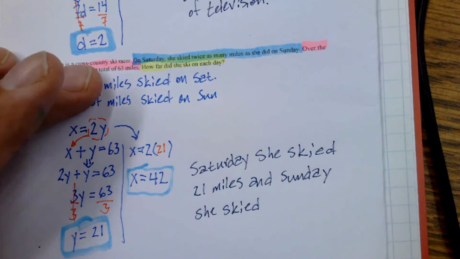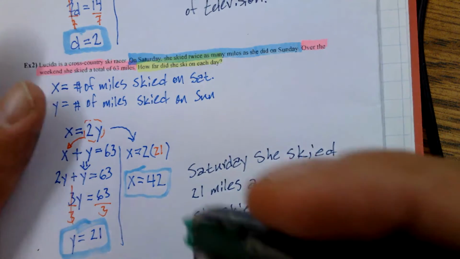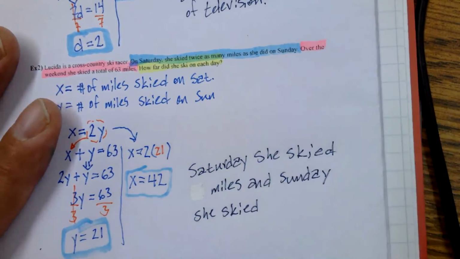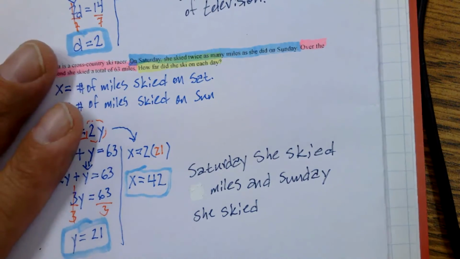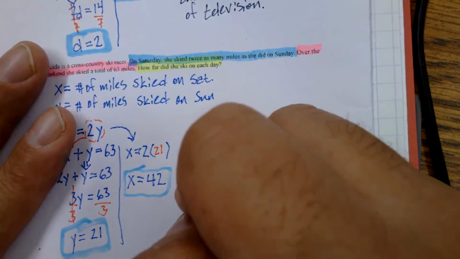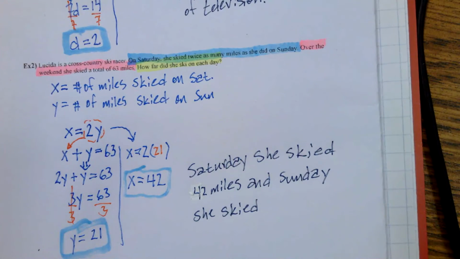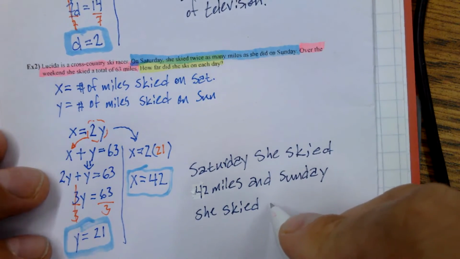Oh, nope. It's not right, is it? Yeah, let's get that right. It was 42 for Saturday, 42 Saturday, and 21 Sunday.